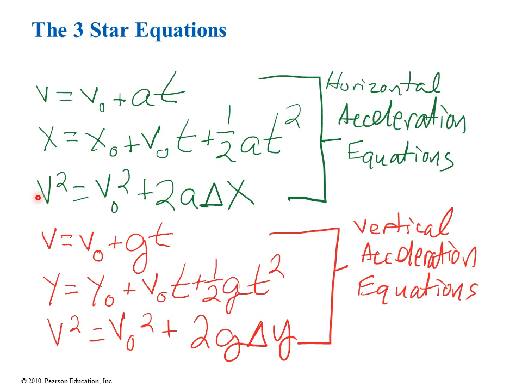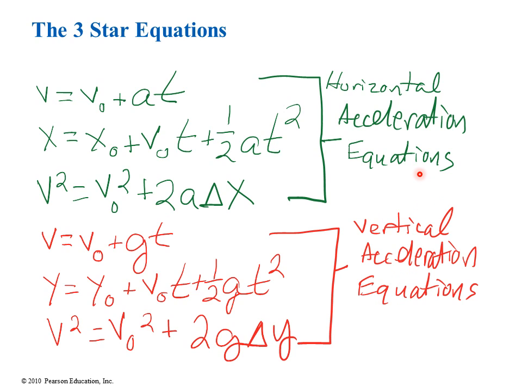So you know which equation I'm talking about when I say star equation 1, star equation 2, or star equation 3. Now I want you to notice that this is what they look like on the equation sheet. And since this has an X in here, you'll more associate this with horizontal acceleration. However, you'll also use these for vertical acceleration.